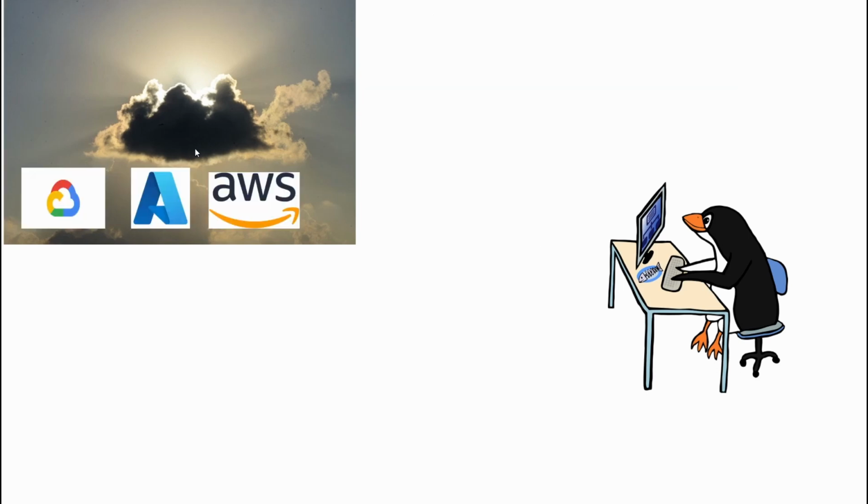Not this one, but Google Cloud Platform, Microsoft Azure, and Amazon Web Services. If you look at the market right now, these are the three major vendors that provide all the cloud services that you need. Apart from them there are a lot of others, like Heroku and IBM Cloud, but these three are the most used as of now.